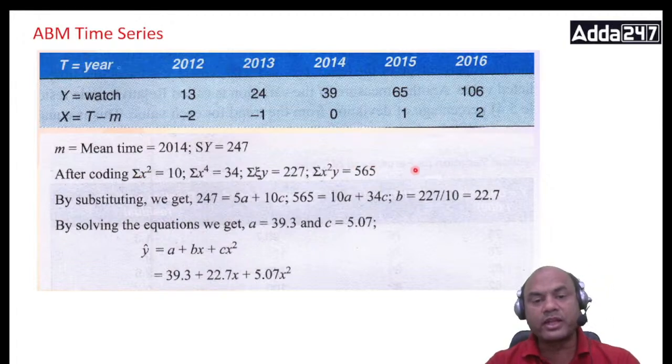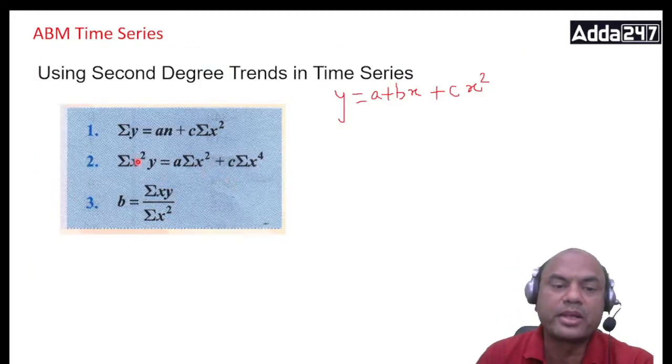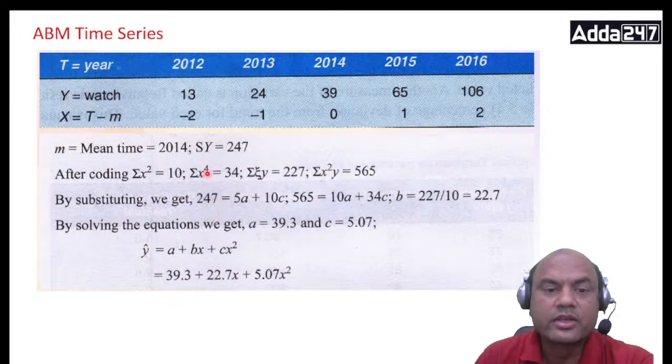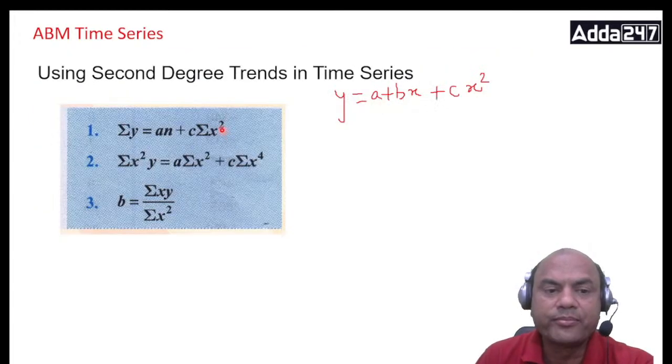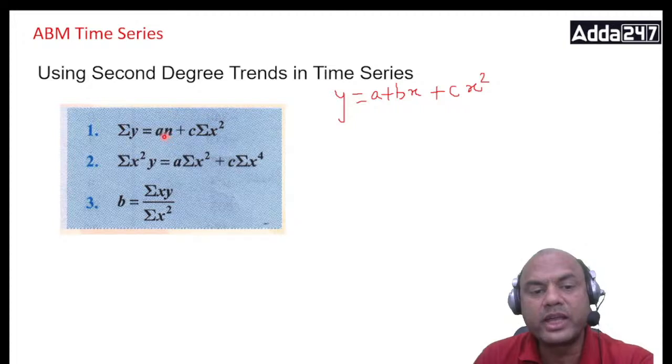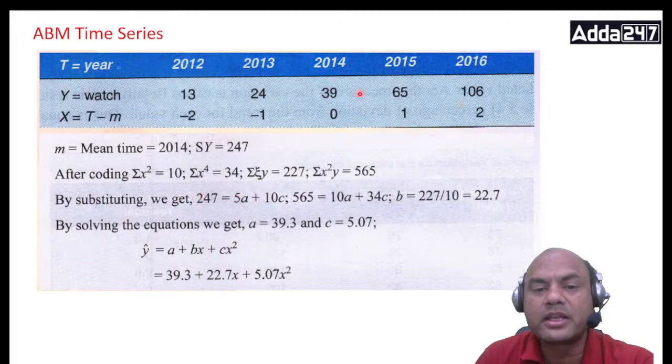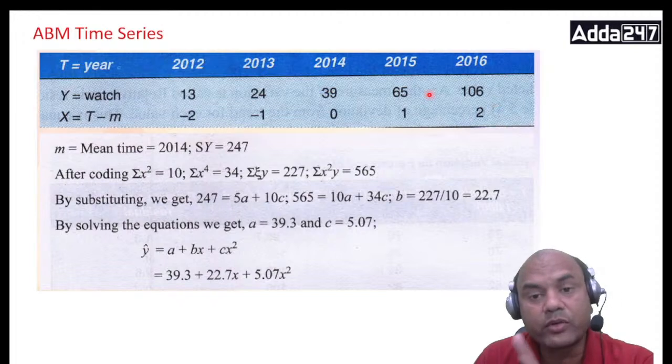Now you substitute the values in these formulae. So what is the formula? First formula is this. Summation y equals na plus c summation x square. So summation y you got it, 247. N means how many numbers are there? 5. So you have to find out a now.